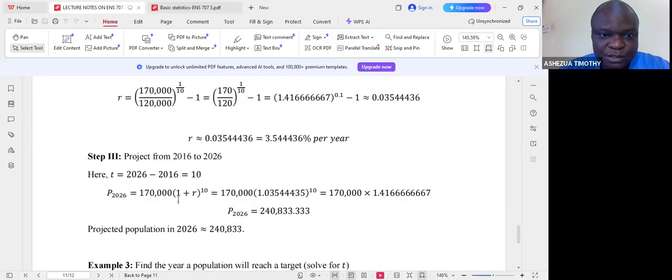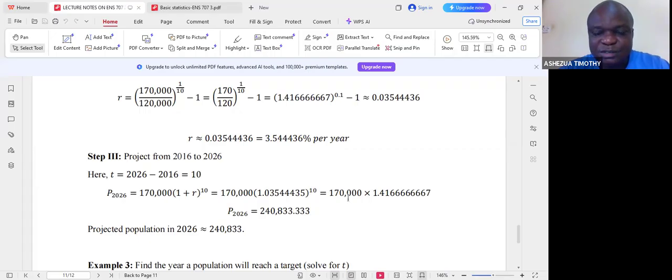So what we'll do now is carry this value of R, 1 plus the value of R, and then substitute it. So you go and substitute the value of R, then you observe that you have 170,000 into 1 plus R, that is 1.0354435, bracket close, raised to the power 10.